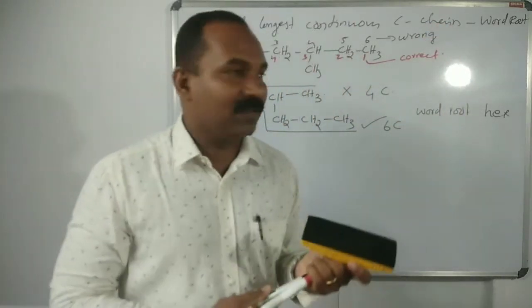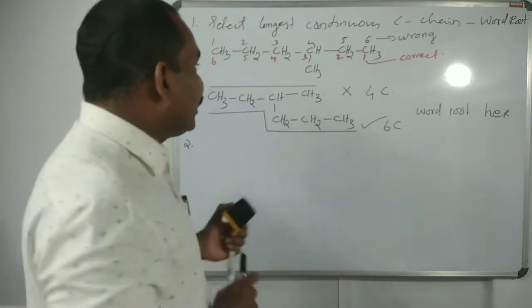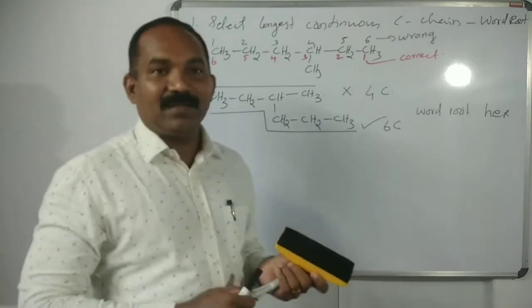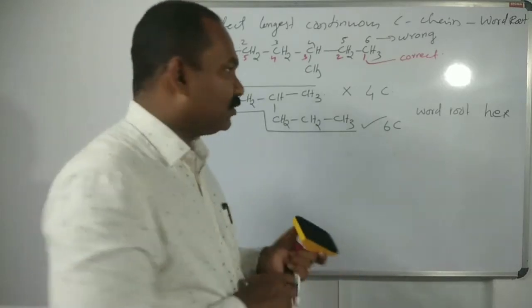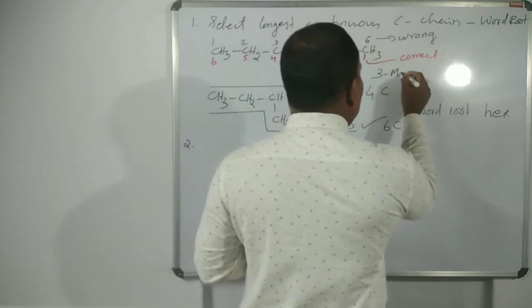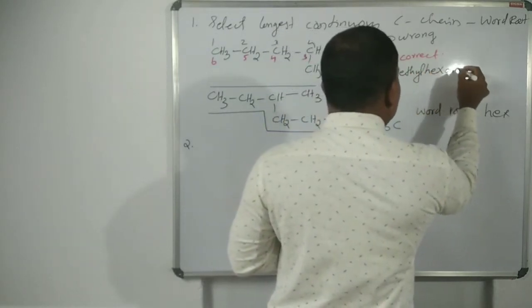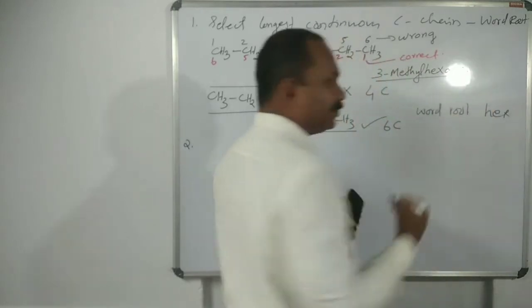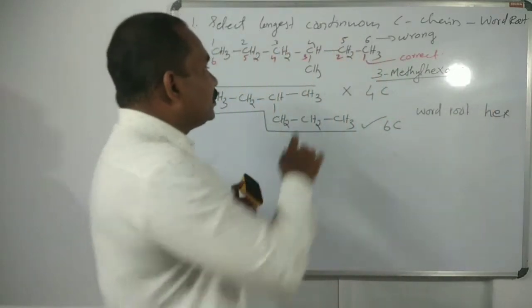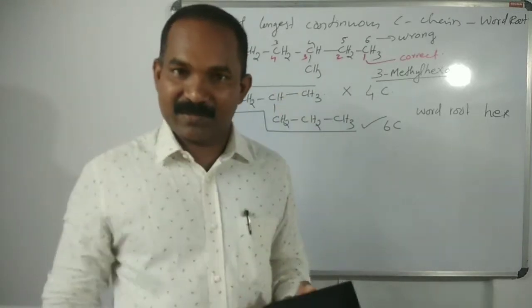Are you clear? Then what is the name of the compound? It is 3-methyl hexane. Because the substituents are prefixed.